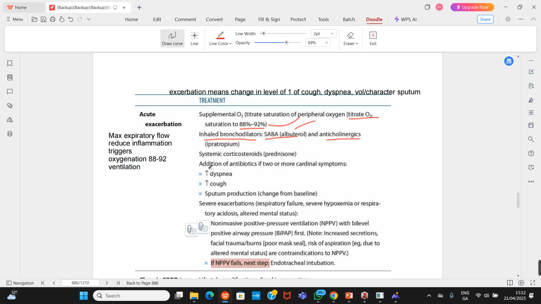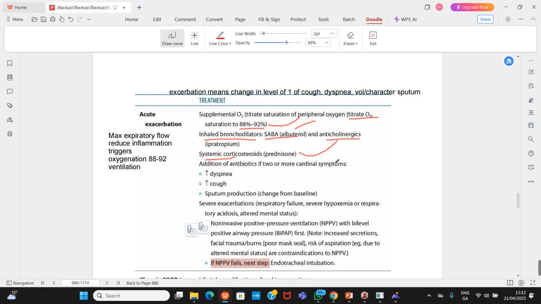And you give them systemic corticosteroid. So we have to be careful here. In people with asthma, we use inhaled corticosteroids. In COPD, you give them oral. If they can take oral, give it. Oral prednisolone, oral methylprednisolone, anyone that's available. If they can't take oral, give them IV corticosteroids. That's what you do in COPD.